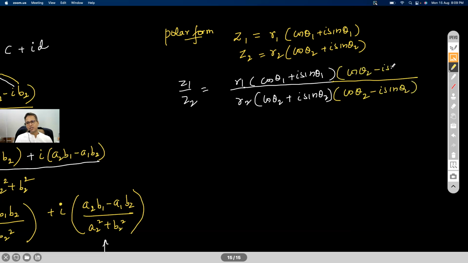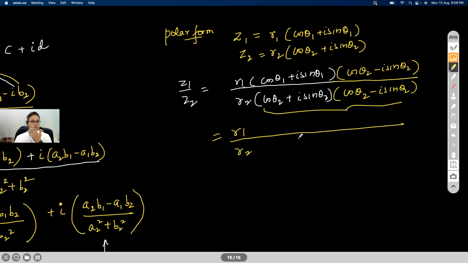Okay, see what happens. Down in the denominator, these two multiplied will give you cos square theta2 plus sin square theta2, which is actually 1.